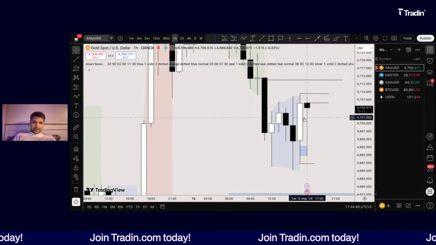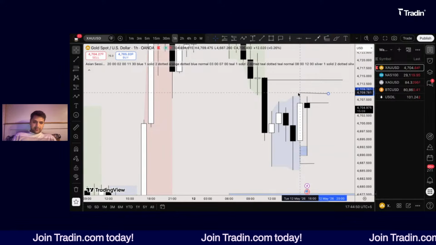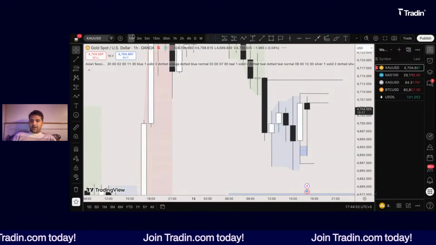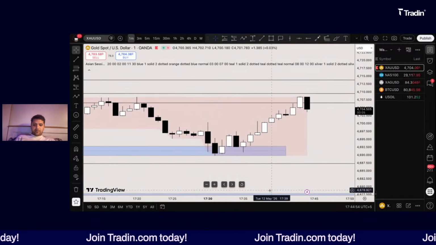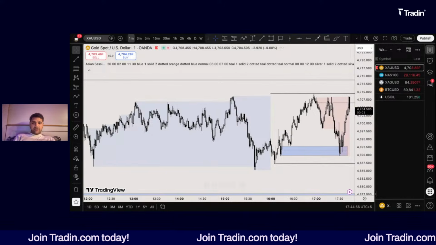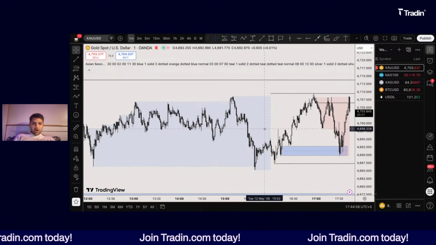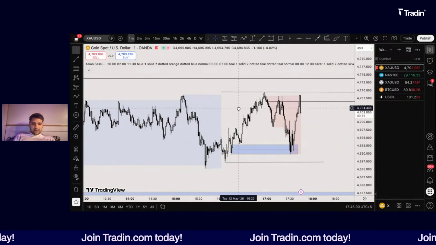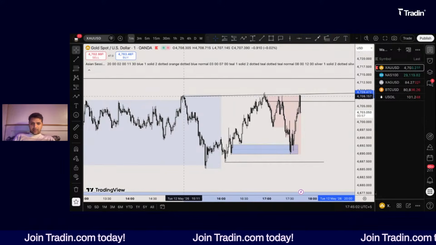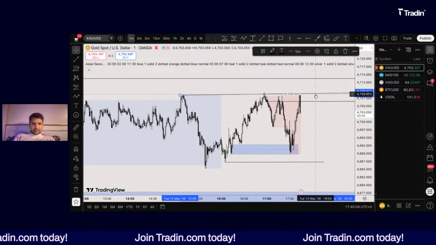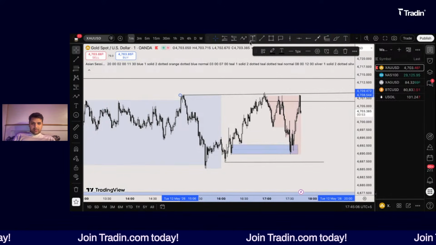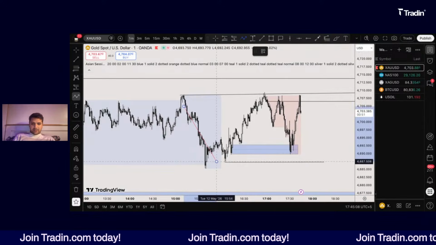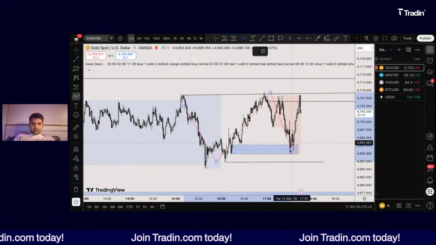I wanted it to break the high, by the way, but as I said, on the 1 minute time frame, it's range bound price action. Now you see, we just reached the top of this liquidity right here and rejected again. It's just a big range.